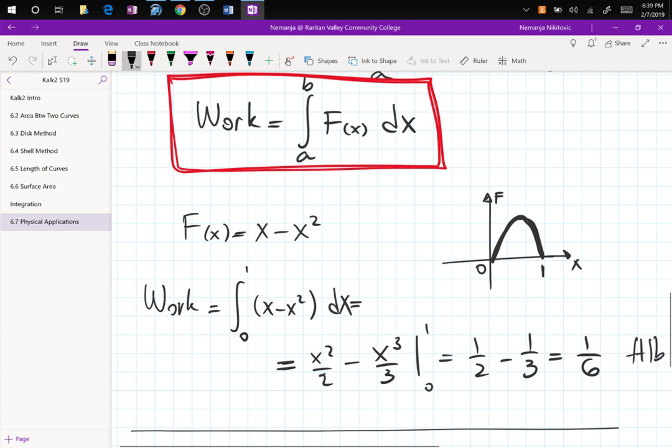Great. So now we know the way to compute the work.